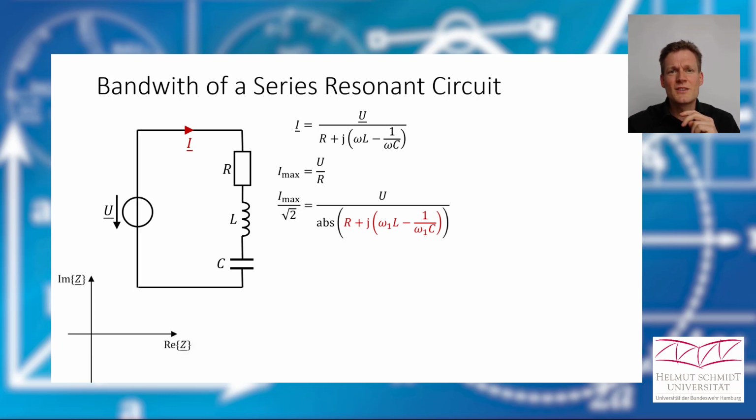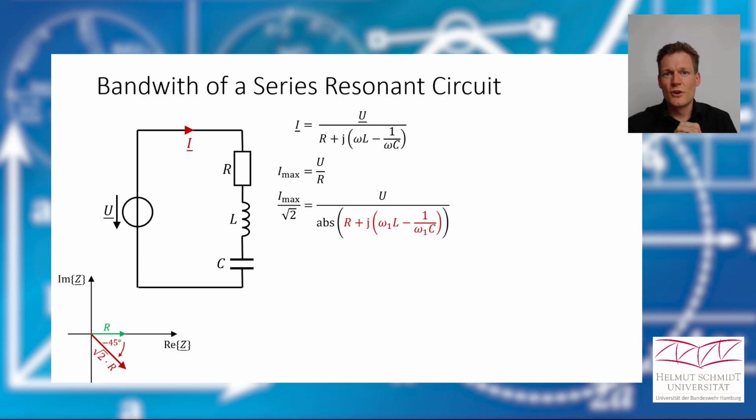So let's draw a phasor diagram of the impedances. If R is this here, and we want to find an impedance which is square root of 2 times R, then we could find it either here, when we have an angle of minus 45 degrees, then the imaginary part is as big as the real part, and from Pythagoras we know that the absolute value here would be square root of 2 times R. And there is another solution.